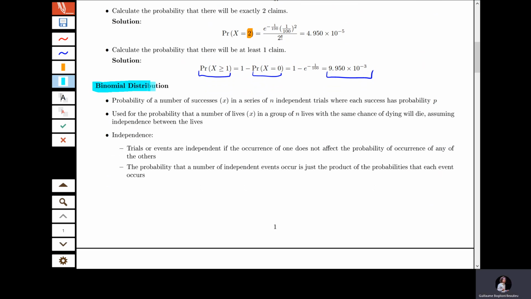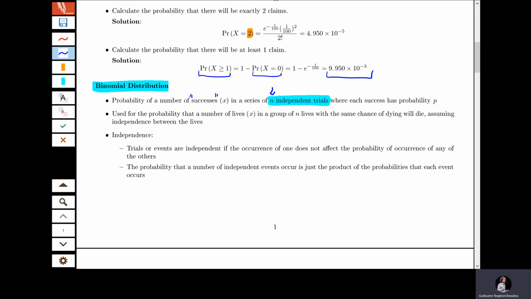Next, we have the binomial distribution. Now, the binomial distribution has an interpretation in terms of number of successes, where you define success however you like in a given context, out of n independent trials. So there's a certain experiment that you repeat many times, well, n times in total.